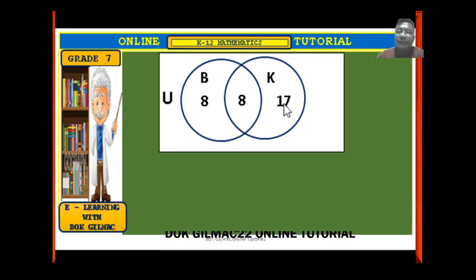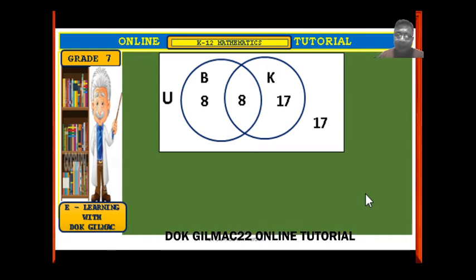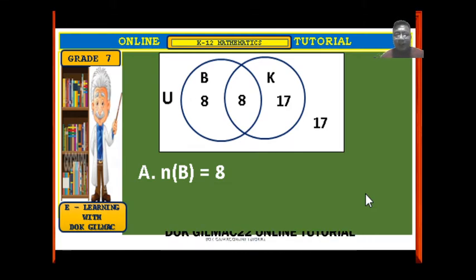Then 17 plus 8 plus 8, that's 33. Out of 50 students, there are 17 who train neither boxing nor karate. So from here, we were able to answer the questions in the given problem.